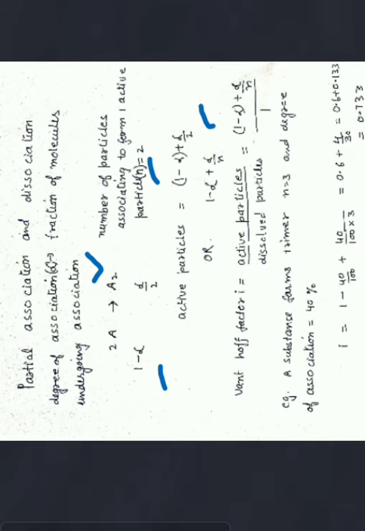Now using this formula, if we want to find the Van 't Hoff factor, i is the ratio of active particles over dissolved particles. Active particles are now 1 minus alpha plus alpha by n, that gives you the value of the Van 't Hoff factor since dissolved particles were 1 only. If the particles vary, the ratio will give you the value of the Van 't Hoff factor.